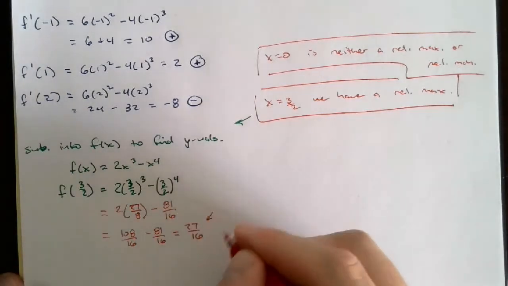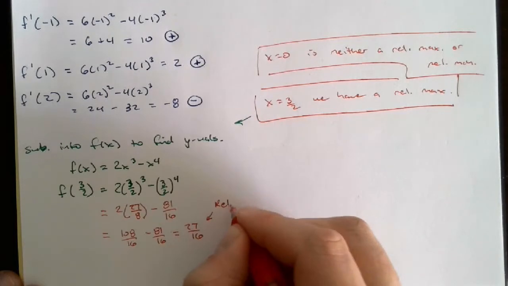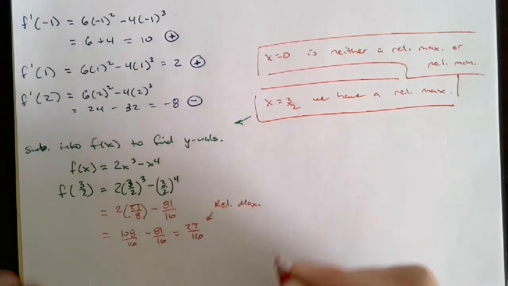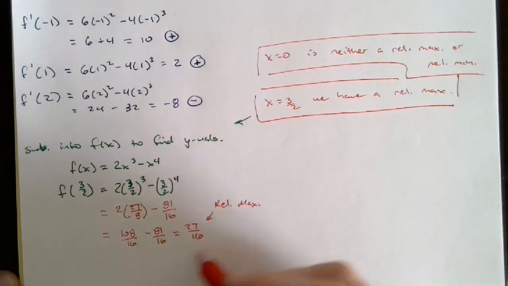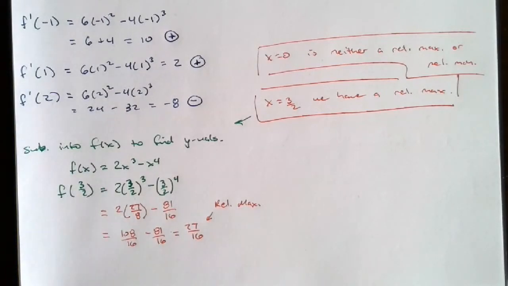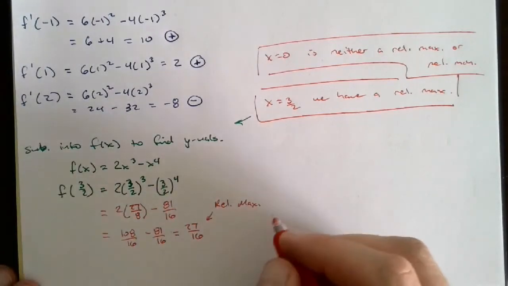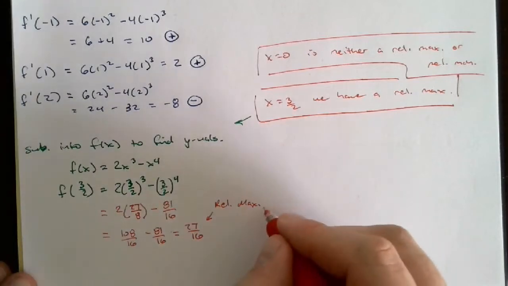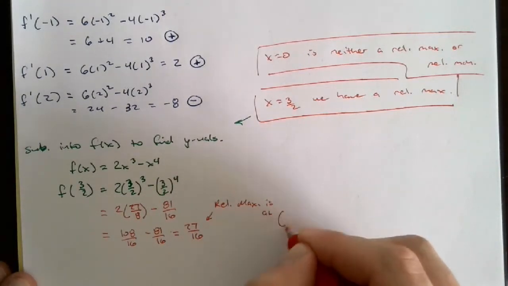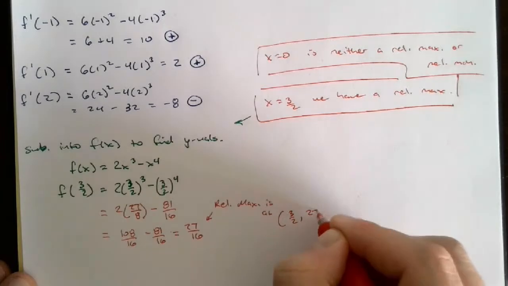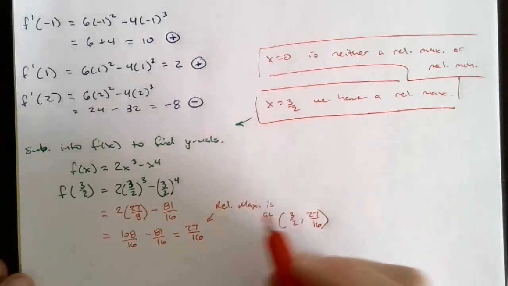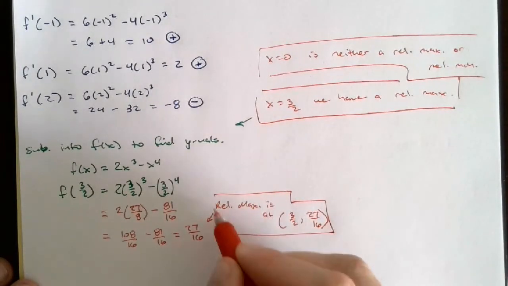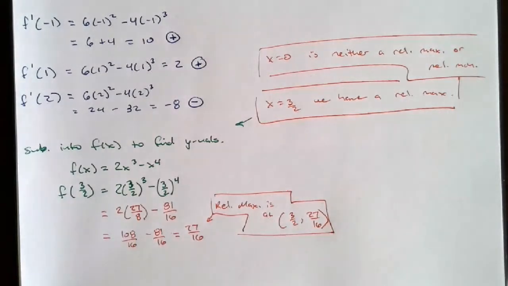So this value is the relative max. The relative maximum is 27/16. It occurs at 3/2. Or you could say your relative max is at the point (3/2, 27/16), understanding that the y value is actually what we call the maximum.